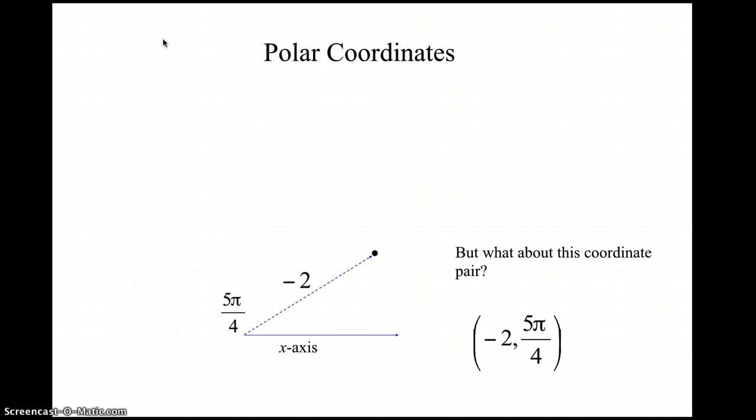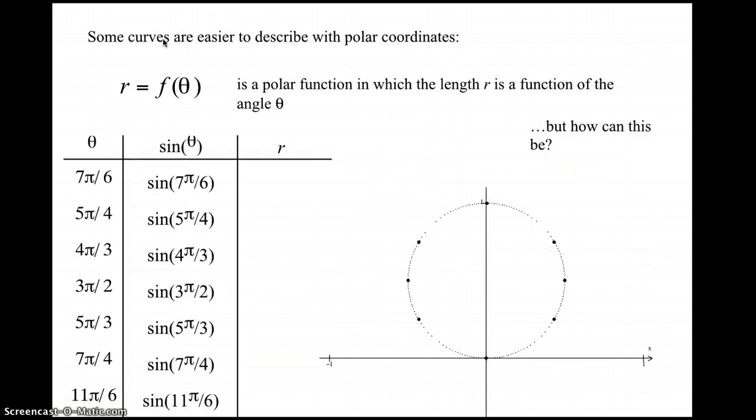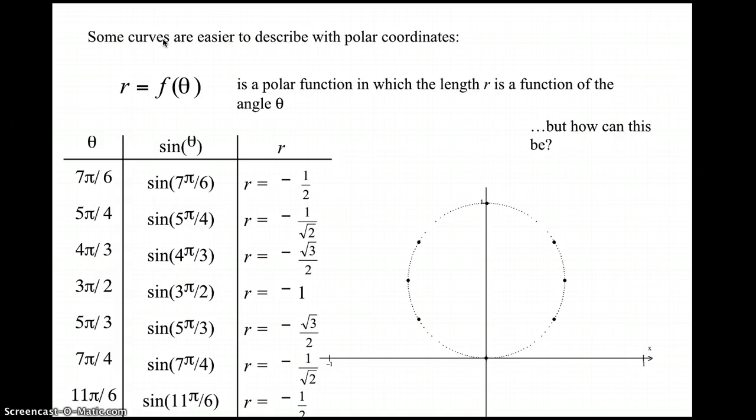So the location of this point, negative 2, 5 pi over 4, will be over here. So when we fill out all of the radius values for theta when it's above pi, we would end up with all of the points repeating.